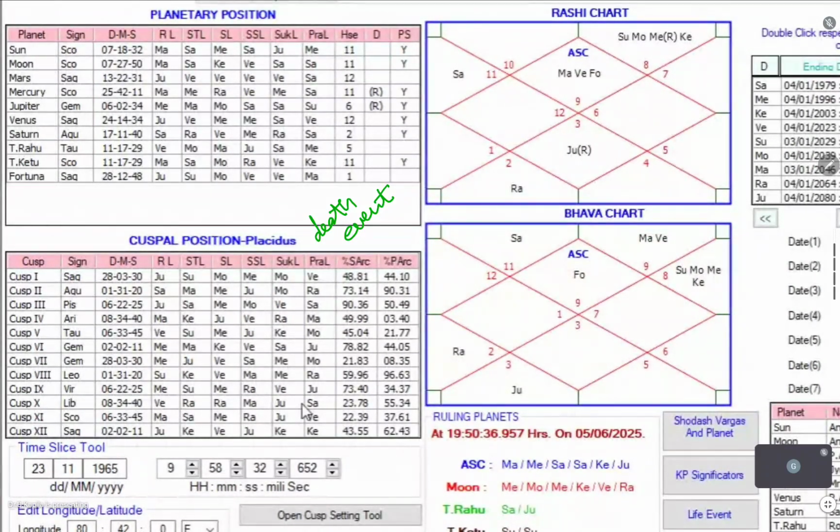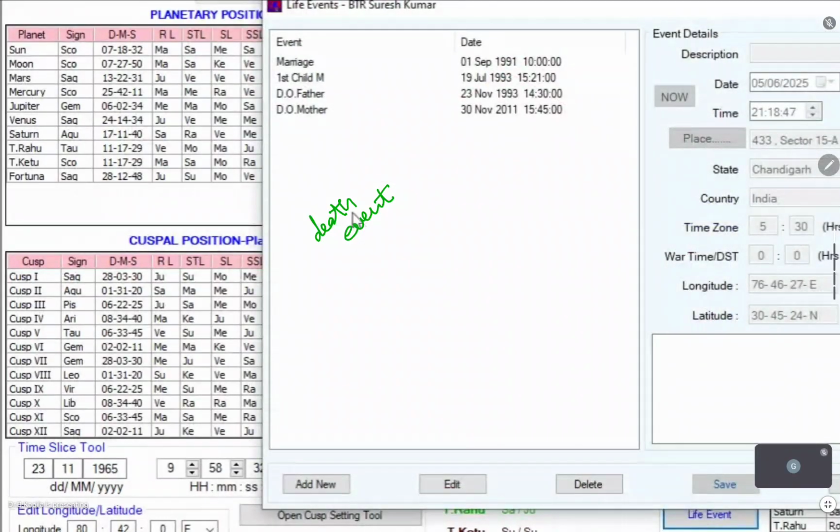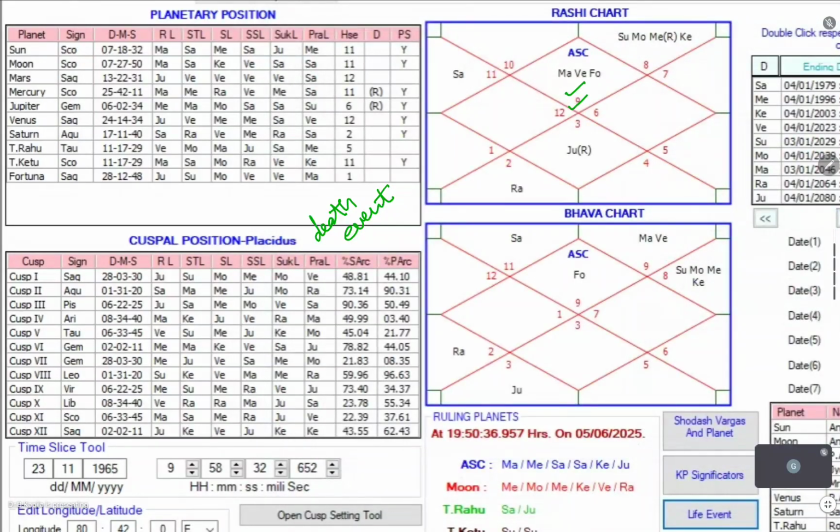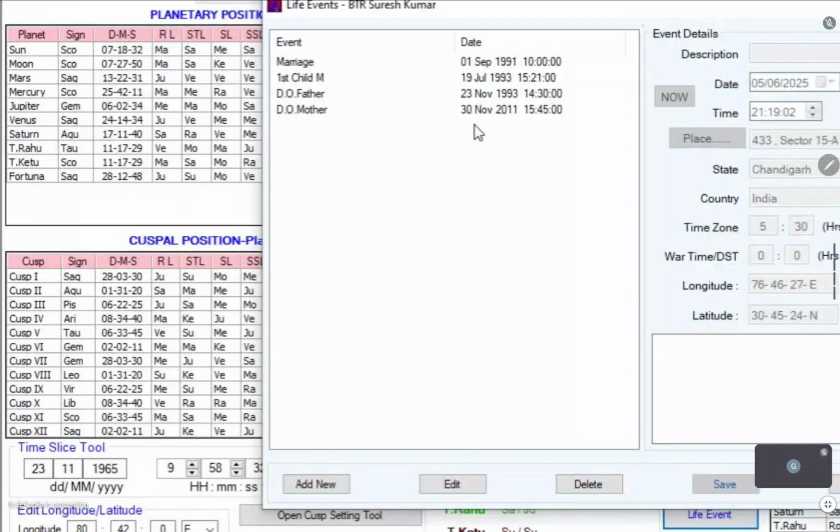For justification of the event of the death of any relative, if it is father or mother, we will have to focus upon, like in the present case, the death of father is 23rd November 1993, 23/11/1993. And then the death of the mother is 30th November 2011.